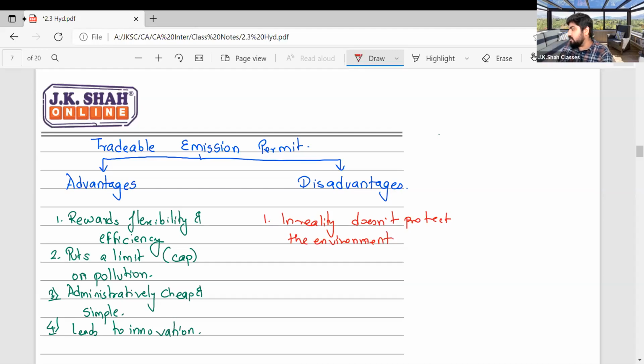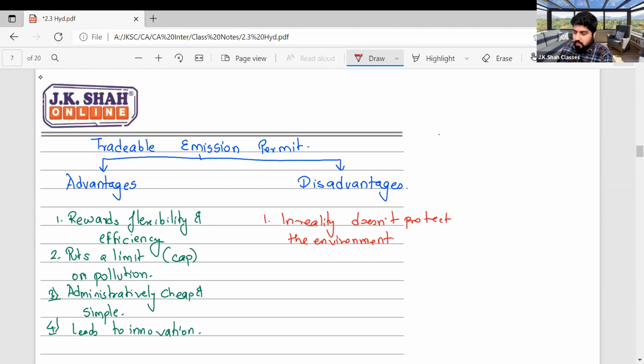What does this mean? See, even if you are putting a cap and trade system, still the environment is getting damaged only, no? Now you can't say that the environment is being protected. The environment is damaged only. Right?